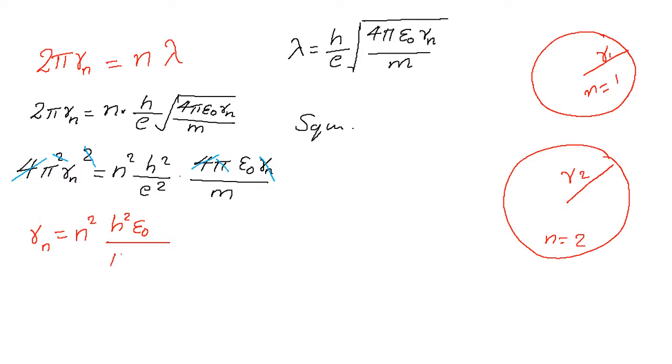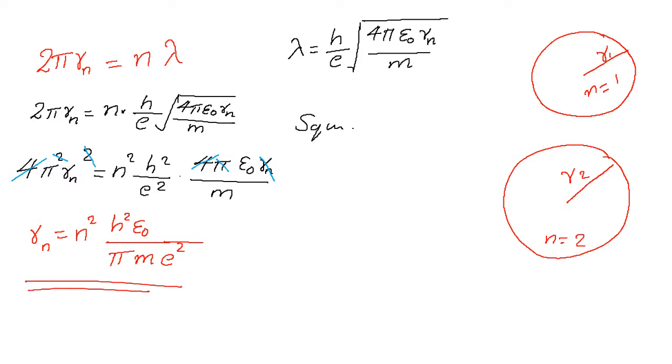I'm taking that to the RHS, so pi. Then there is one m in the RHS, and you have one more time e square. Okay, so the final formula is this: nth radius of the nth orbit is n square into h square epsilon 0 divided by pi m e square. So this is the radius of nth orbit, correct?